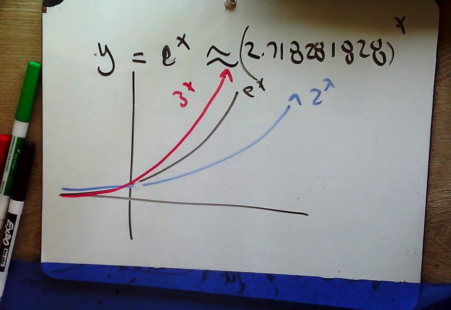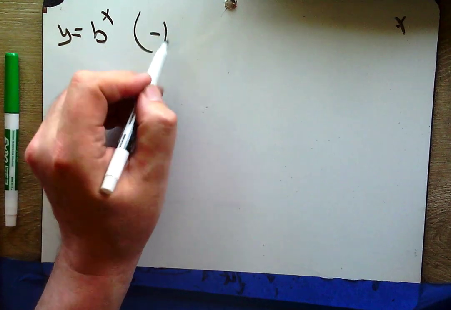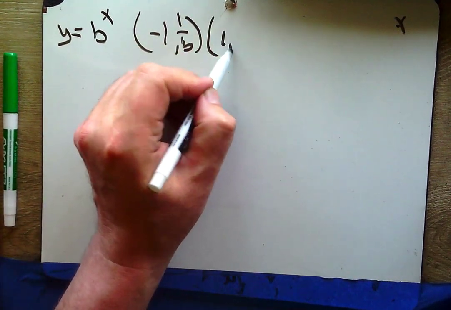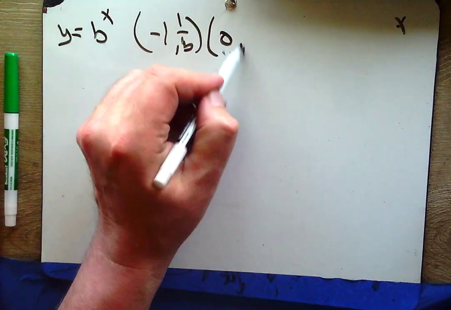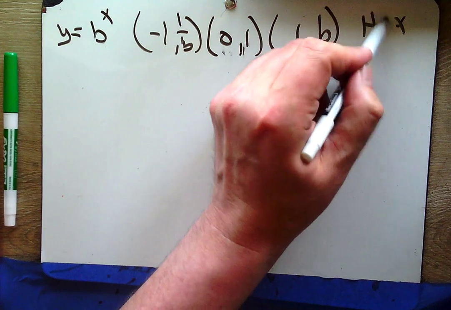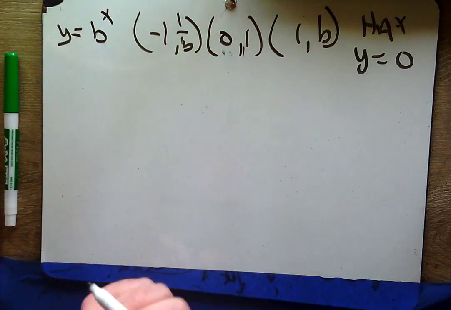Okay, and then transformation graphing, reference points. Sure, we said for y equals b to the x, we were going to have negative 1, 1 over b, 0, 1, and 1, b, with, of course, the horizontal asymptote at y equals 0.